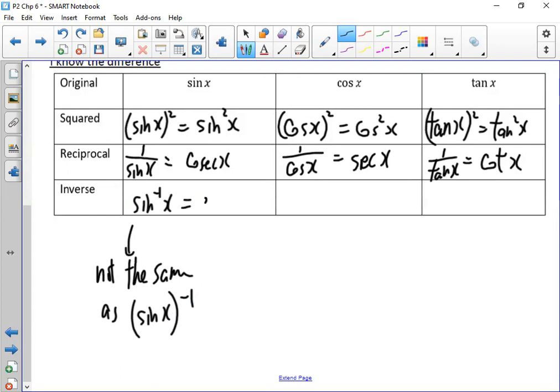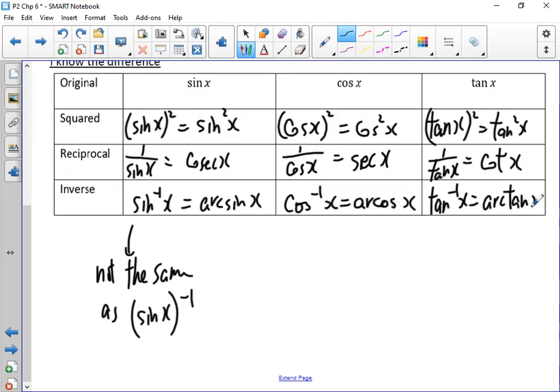The technical name is arcsine. So when you have to undo the sine, let's say you have to figure out the angle in a SOHCAHTOA question, that's when you use inverse. Inverse of cos is called arccos. We only put one C in there for the arc. It's not arc and then cos, it's arccos. Anyway, arctan.